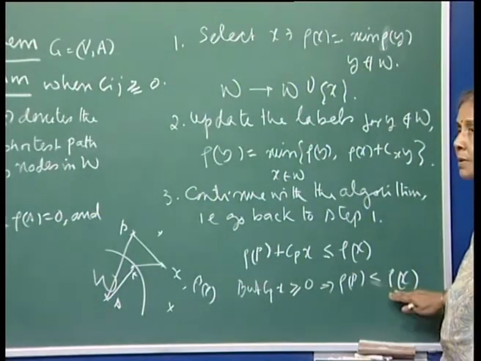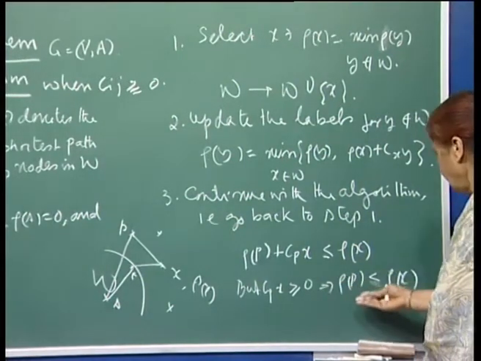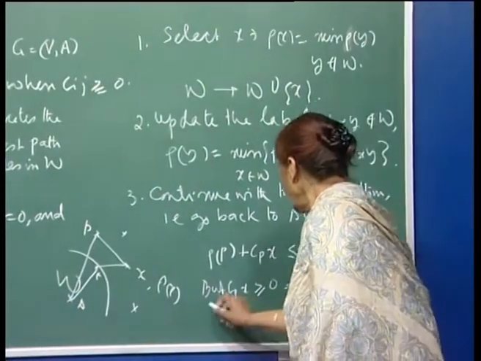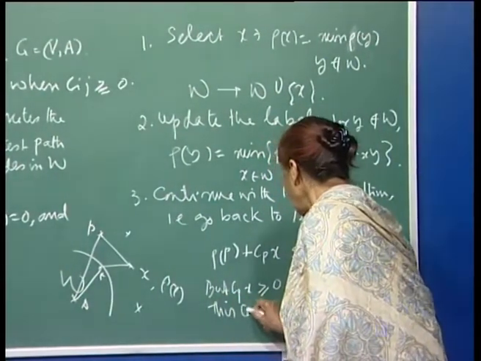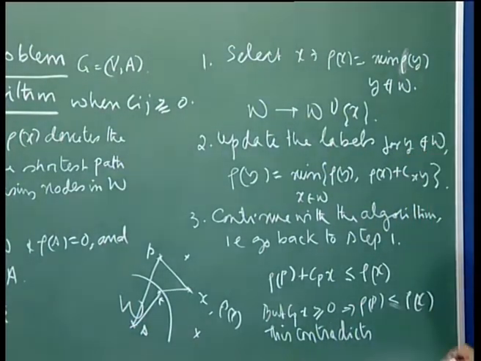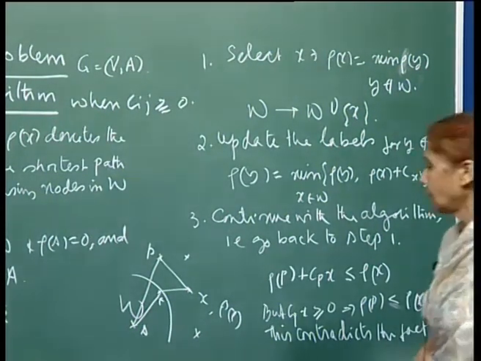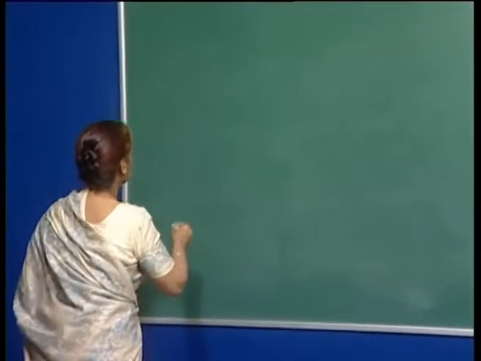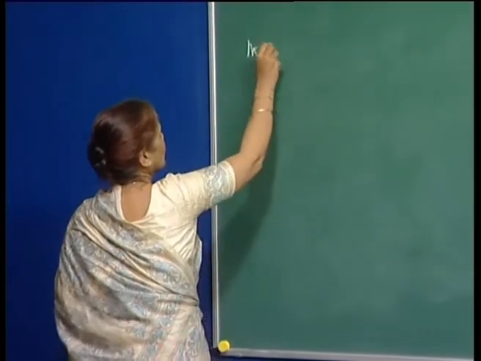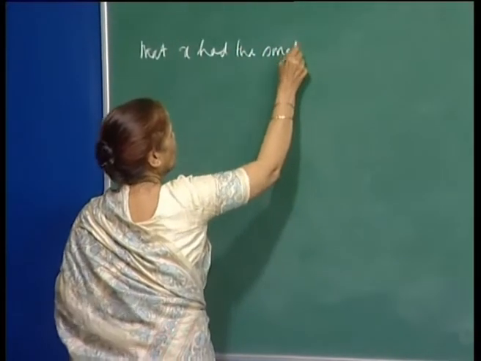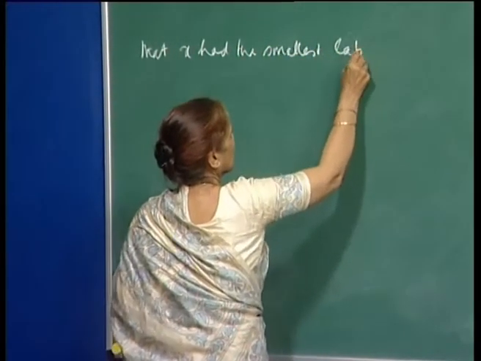So, this is not possible, and CPX greater than or equal to 0 implies this contradicts the fact that X had the smallest label.